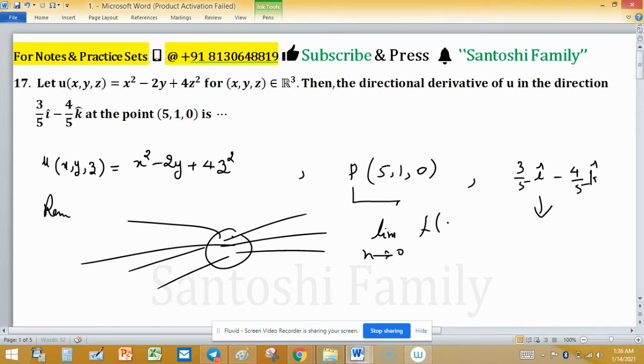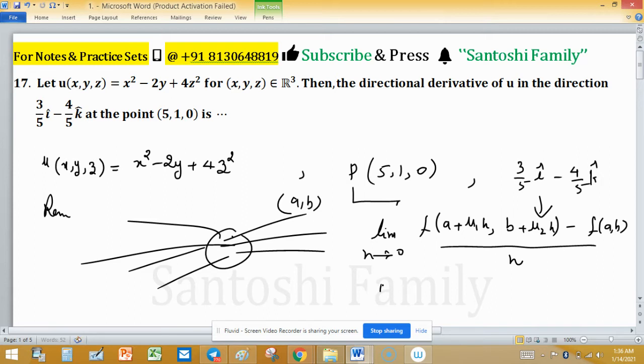Suppose this is in two variables and we are checking at the point (a, b), then the limit of [f(a + u1 h, b + u2 h) − f(a, b)] divided by h, provided this limit exists and is finite. Whenever we need to test whether the directional derivative exists or not, we need to check this limit.